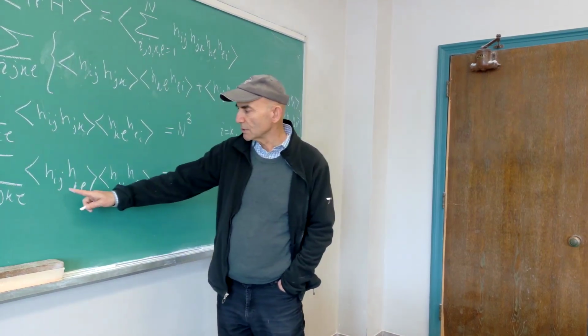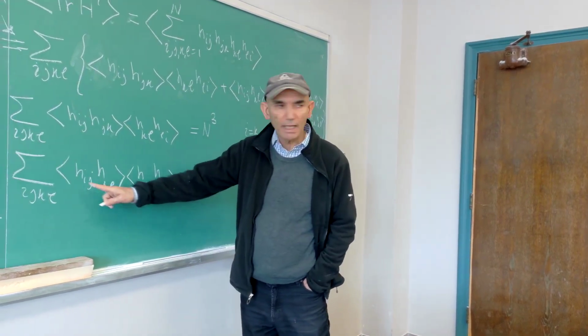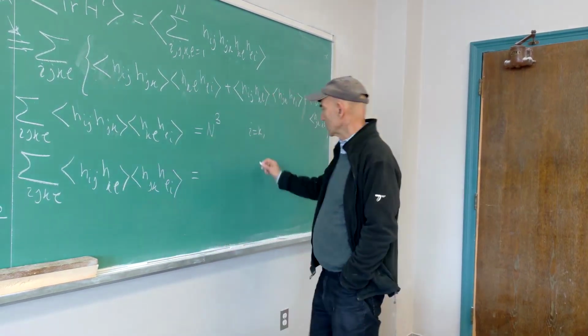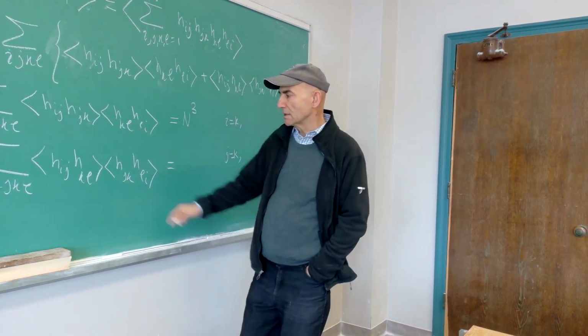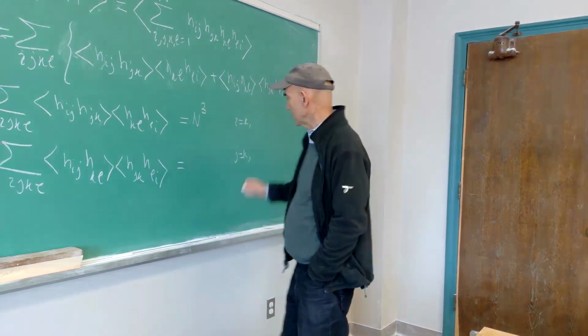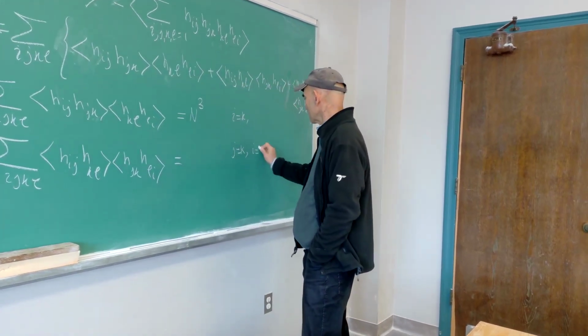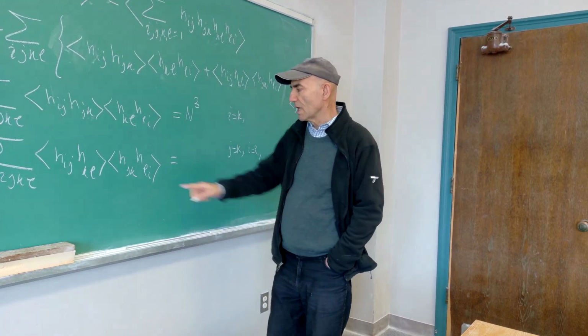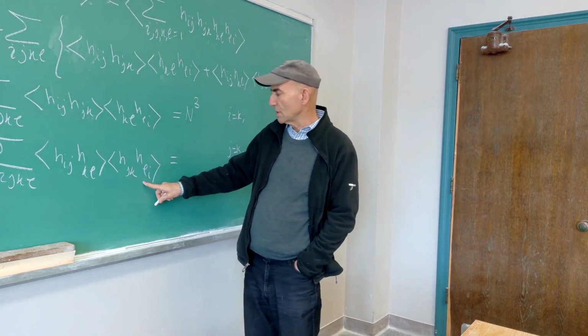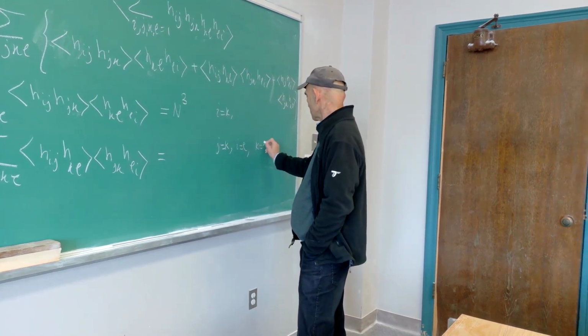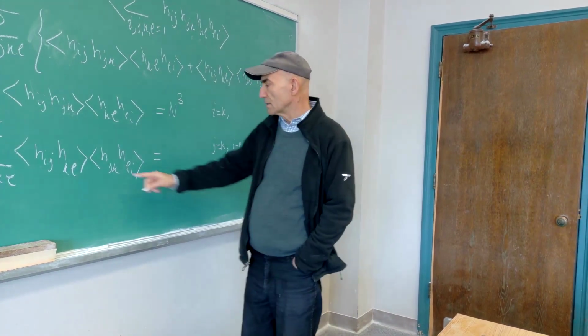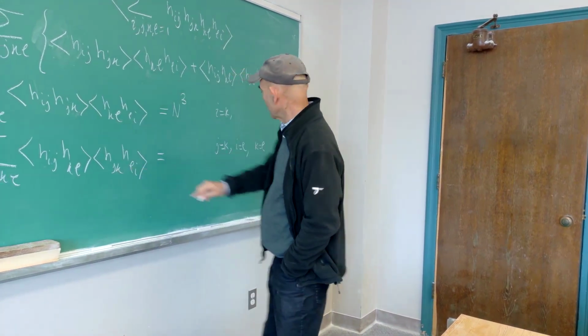For this to be non-zero, we must have J equal to K and I equal to L. But this also has to be non-zero, so K is equal to I, and K is equal to L, I'm sorry.